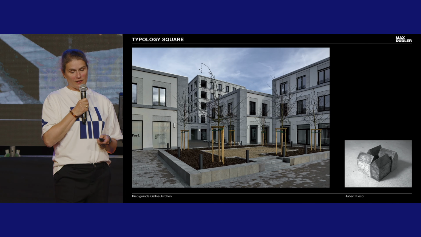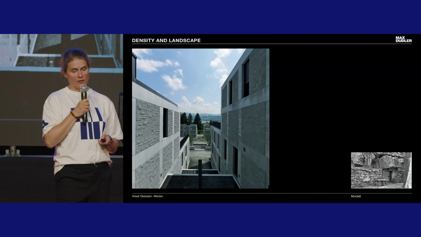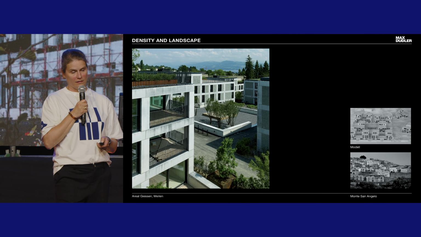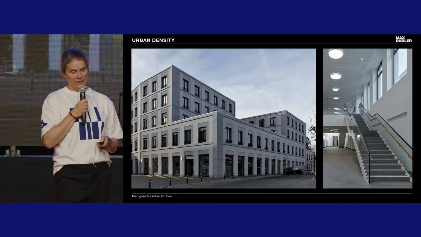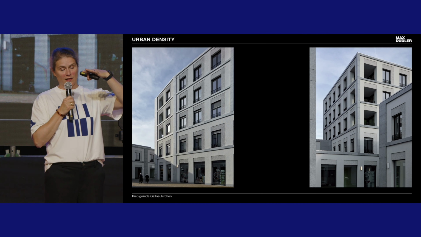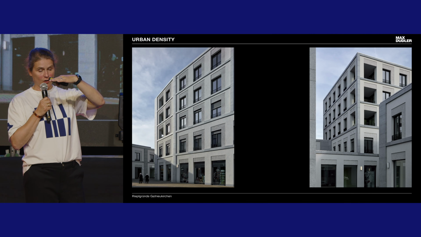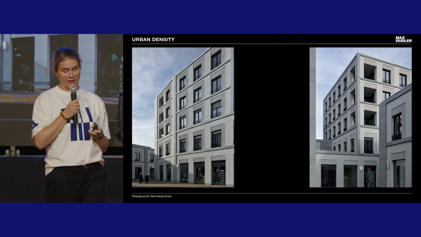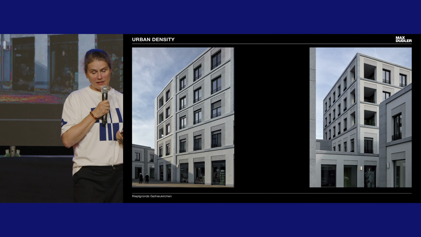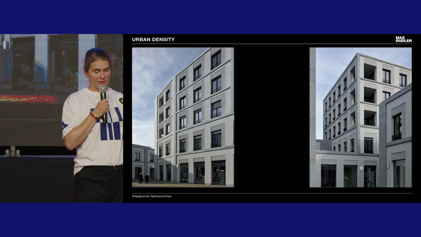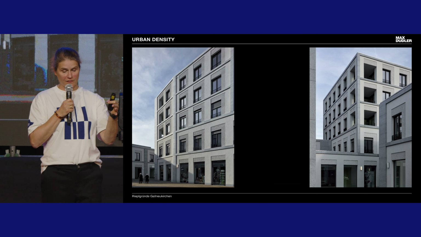We worked with the square typology and with the staggering of the heights. So we copied the heights of the neighboring buildings. This is a natural stone facade which frames a plaster facade.